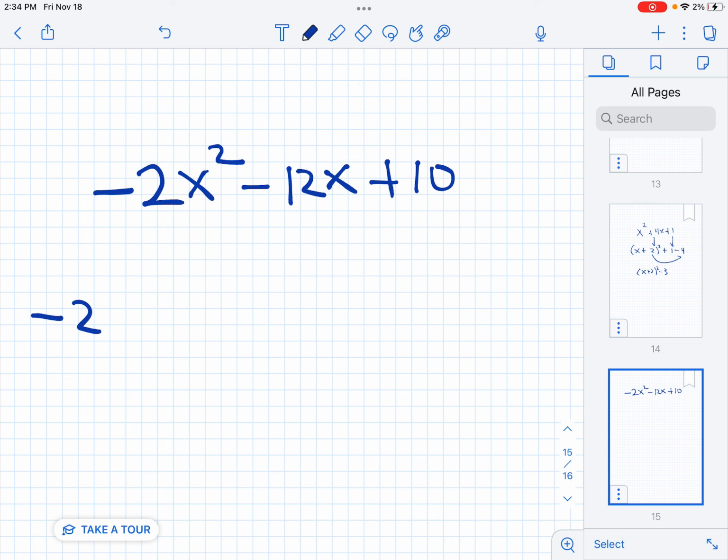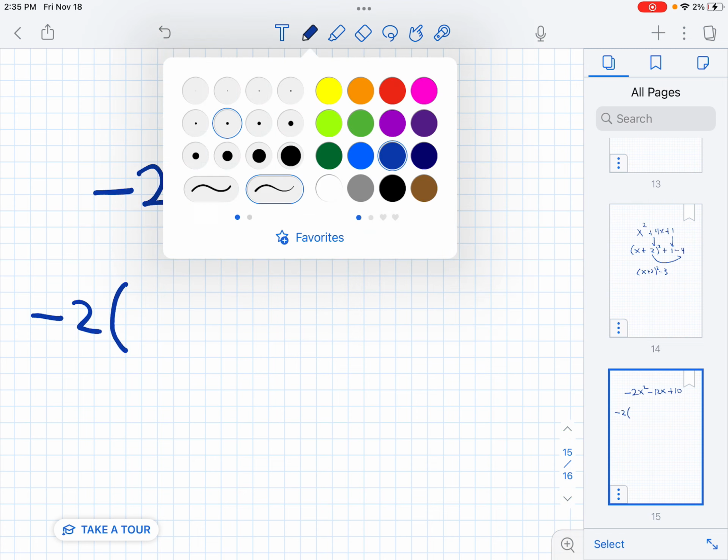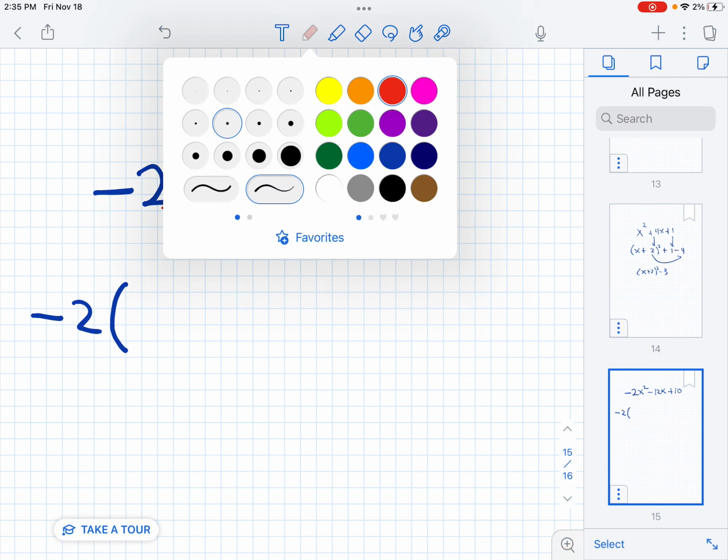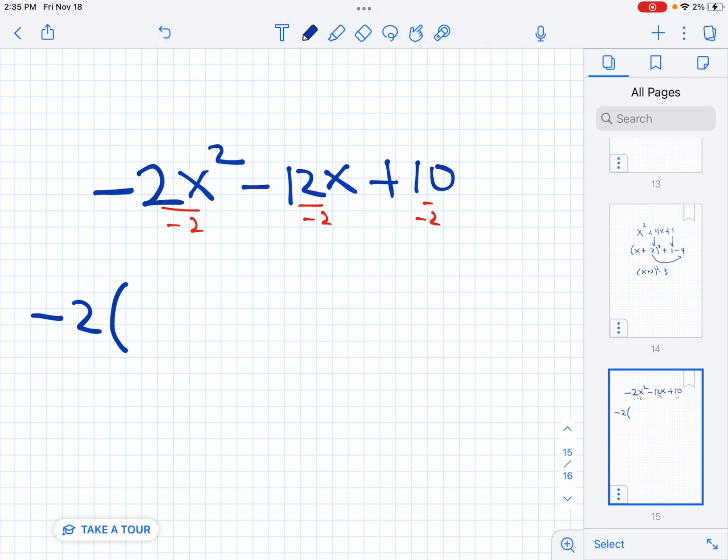So I'm going to write negative 2 on the side, and I'm going to divide each of these terms by -2, and put them inside the parentheses. And what I'll get is x squared. -12 divided by -2 is a positive 6x. Positive 10 divided by -2 is -5.